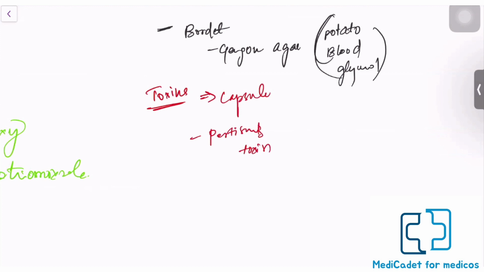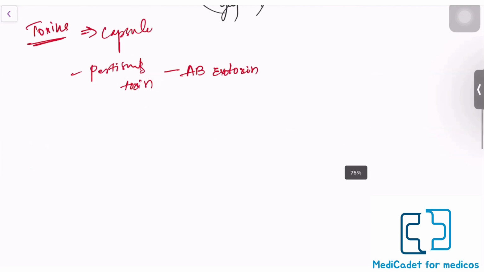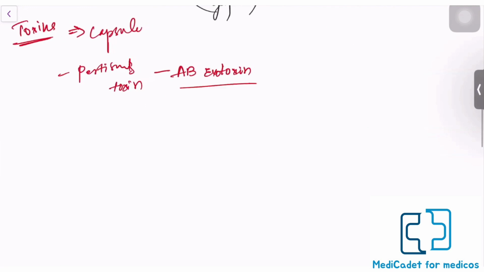What does this pertussis toxin do? It is an AB exotoxin. First I'll tell you what Bordetella pertussis does, the normal pathology, and then I'll tell you what this toxin does.